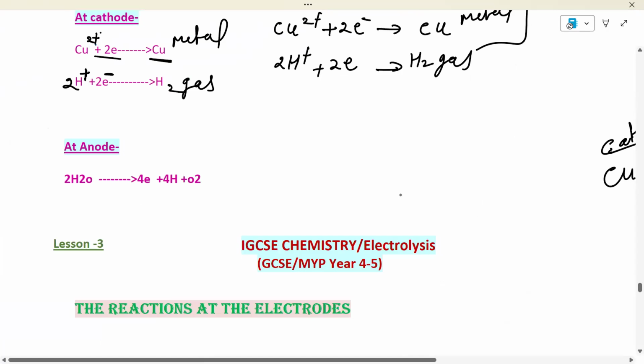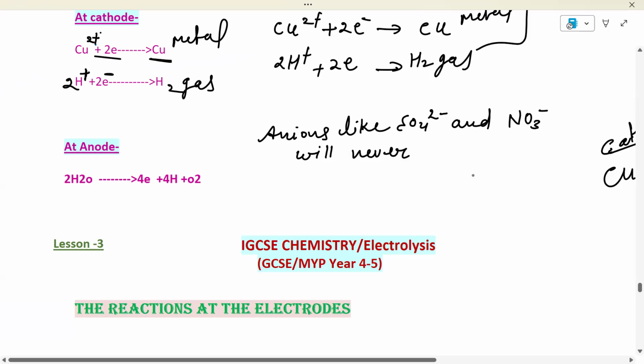One more thing, there is an important note. Always remember that anions like sulfate and nitrate will never be discharged in electrolysis.